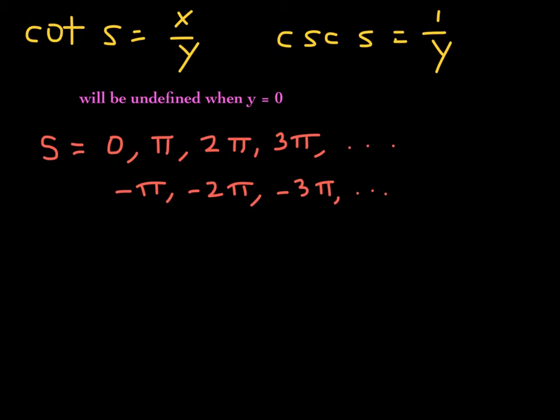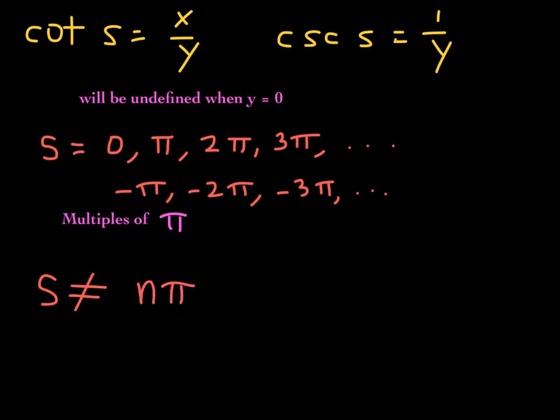Now, these are all multiples of pi. So what we're saying is cotangent and cosecant will be undefined at any multiple of pi. In other words, s must not be equal to any multiple of pi.